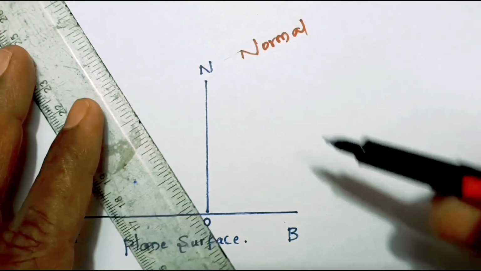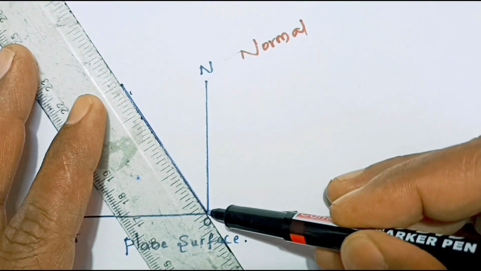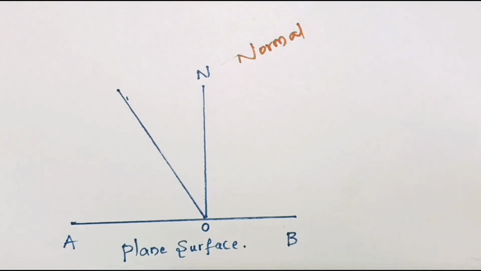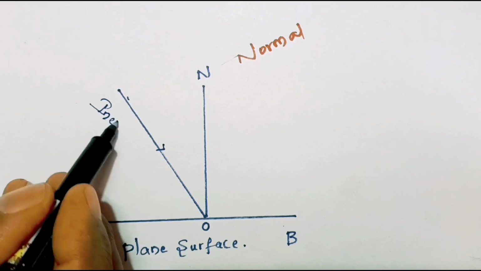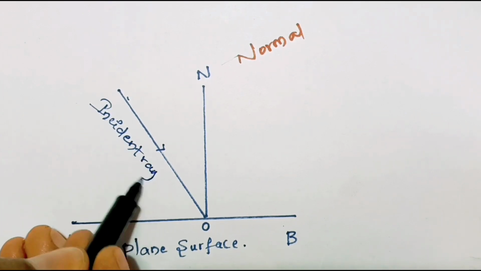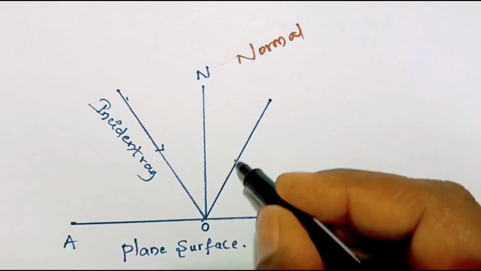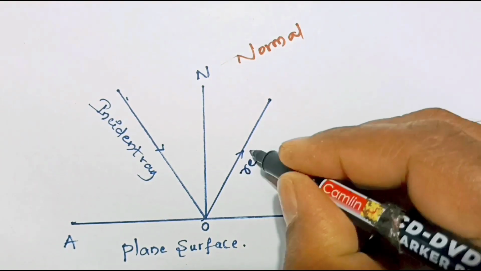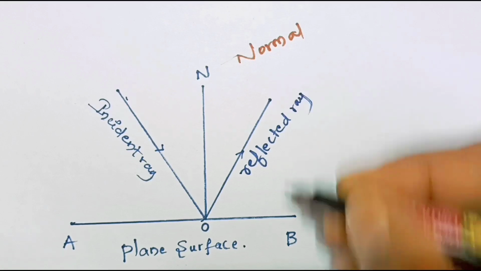Draw a straight line making a certain angle with ON. This straight line is called the incident ray. Another line should be drawn from point O. This line is considered the reflected ray.